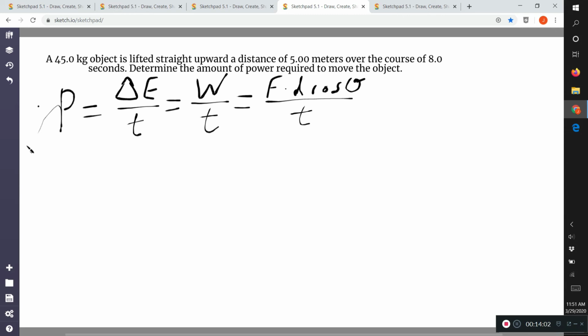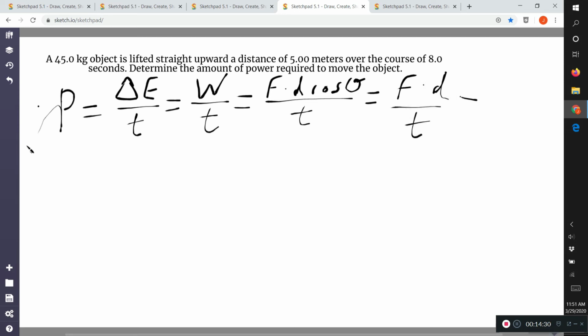A 45.0 kilogram object is being lifted straight upward. So the force we're talking about is the force due to gravity. And we're moving in the exact opposite direction of gravity if it's moving straight up. So in this case, our theta would be 0, meaning that cosine theta would be 1. So we can simplify this to force times distance divided by time.